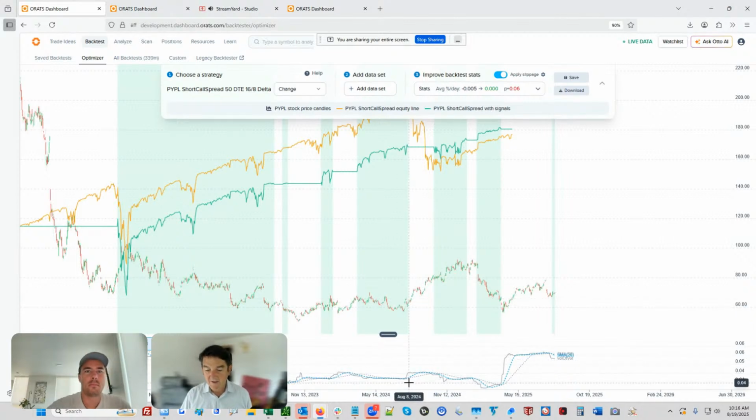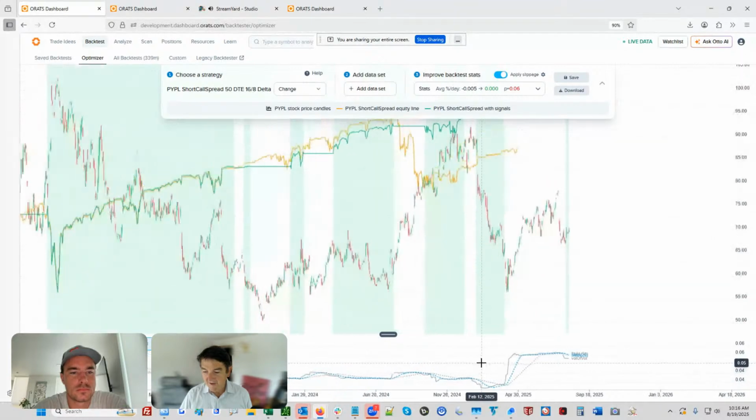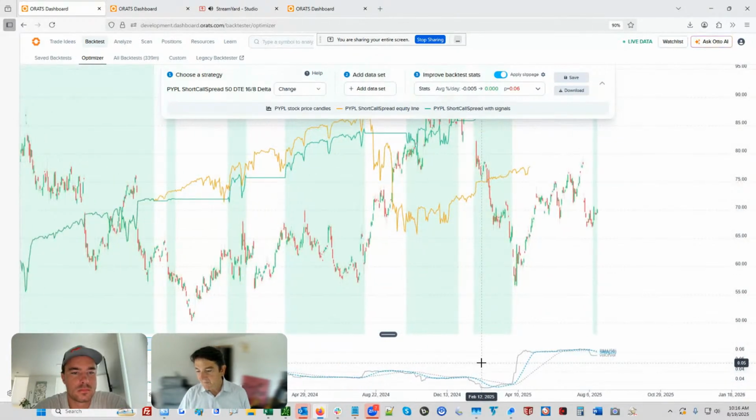You can tell that right over here it crossed over, so you could zoom in on it. For example, lately it's fallen, and that's when it wants to get in. It's below here, and that's when it wants to get in. That spike right there is interesting. I wonder if you can see that.